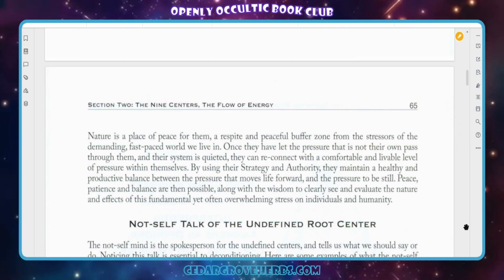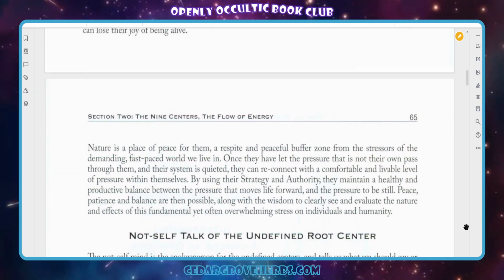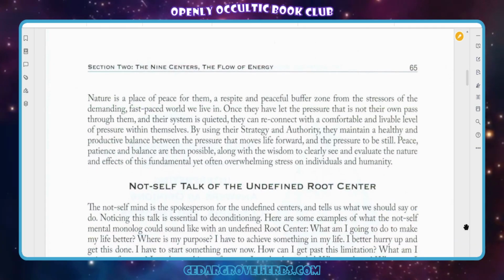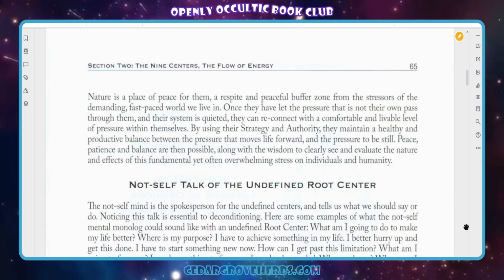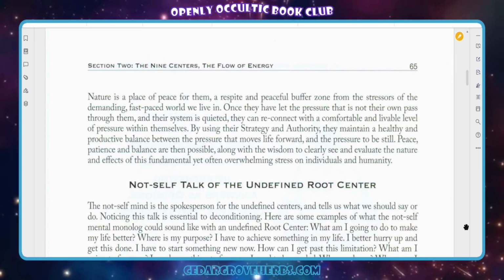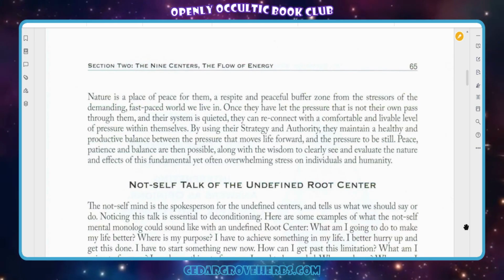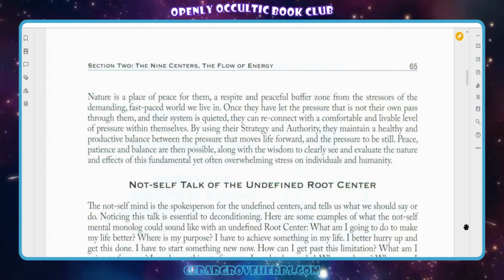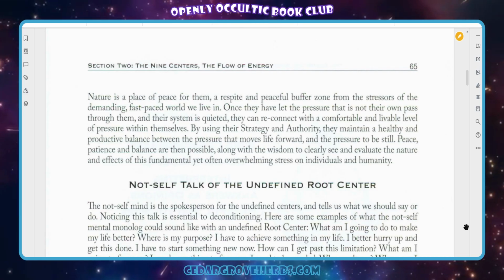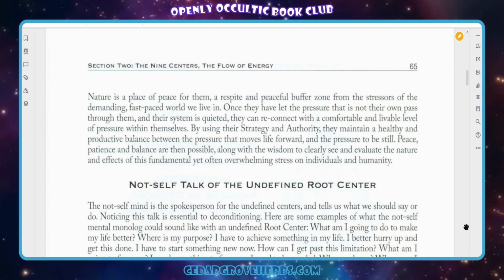Nature is a place of peace for them, a respite and peaceful buffer zone from the stressors of the demanding, fast-paced world that we live in. Once they have let the pressure that is not their own pass through them and their system is quieted, they can reconnect with a comfortable and livable level of pressure within themselves.